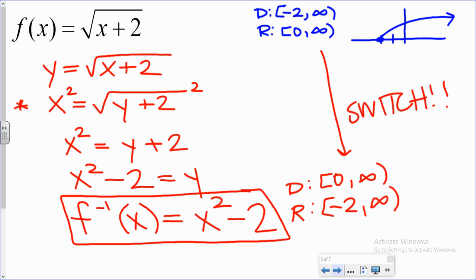Our inverse is just that half of a parabola. Make sure you think about the domain and range of the function before determining the domain and range of the inverse.